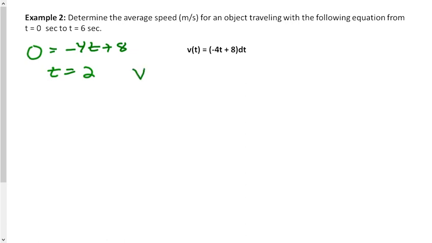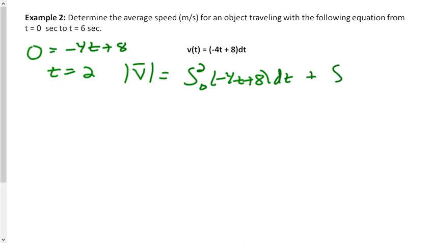So average speed, and I'm going to put the average velocity and then put an absolute value for that, is then equal to the integral from 0 to 2 of negative 4t plus 8 dt plus the integral from 2 to 6 of negative 4t plus 8 dt.